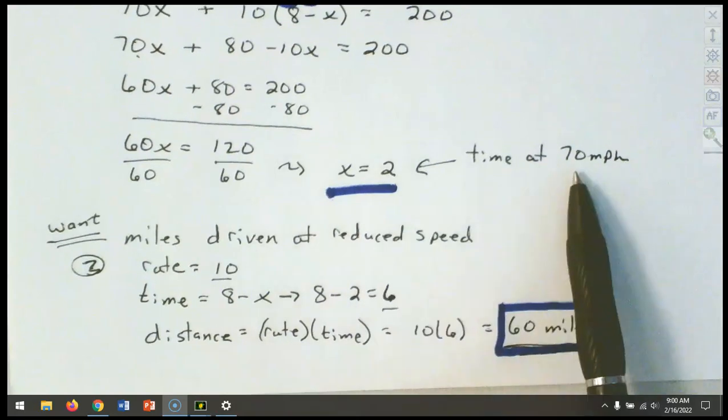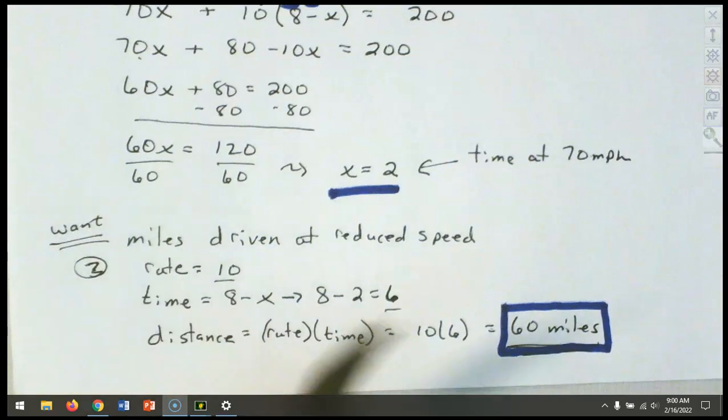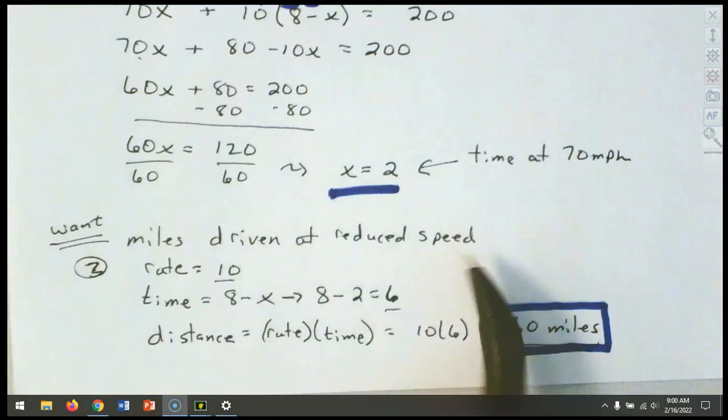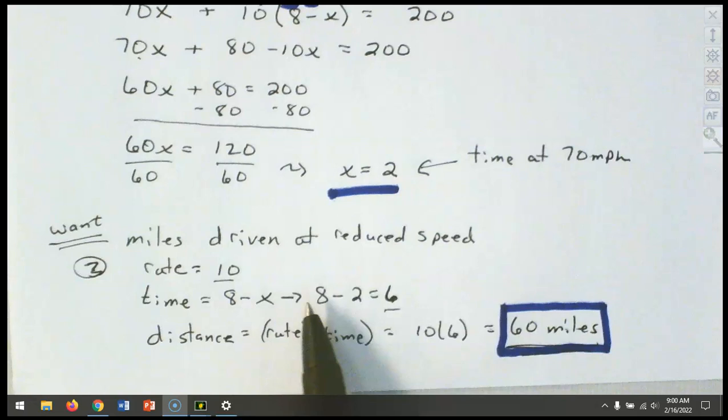That was the time at 70, but we didn't want that. We want the number of miles driven at that reduced rate of speed. So we have to write down the rate during the accident, find the time, multiply them together, and that gives you how many miles we drove at that reduced rate.